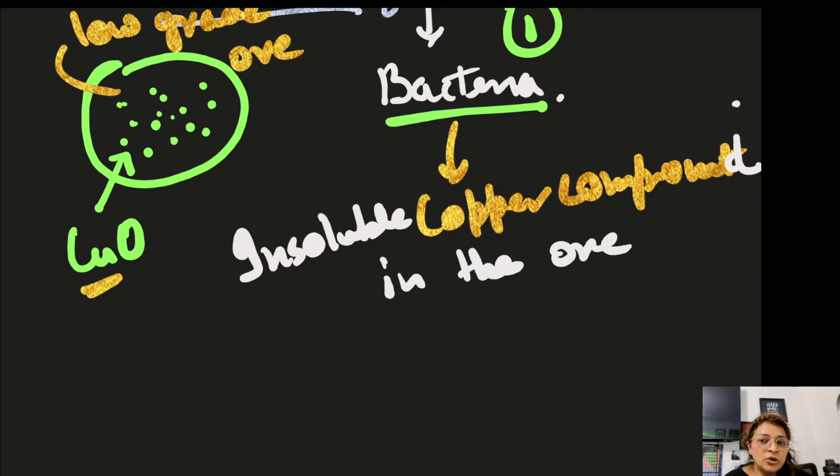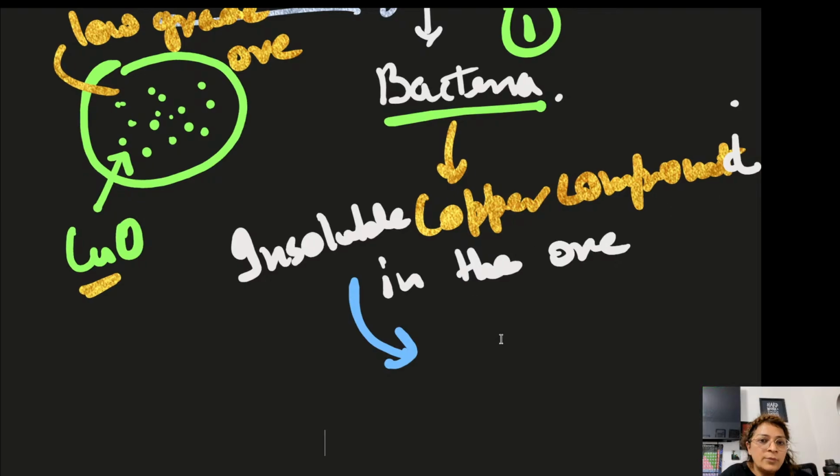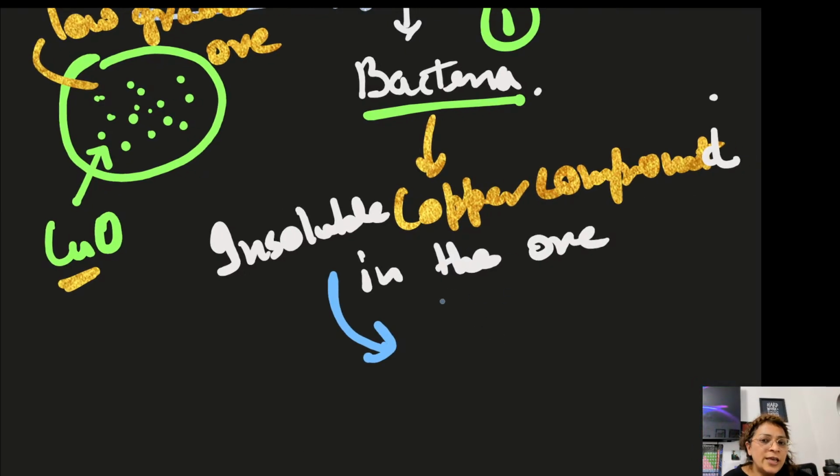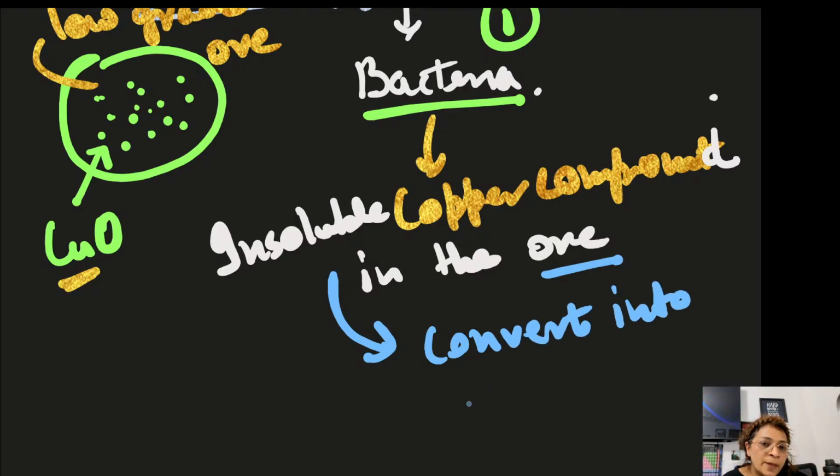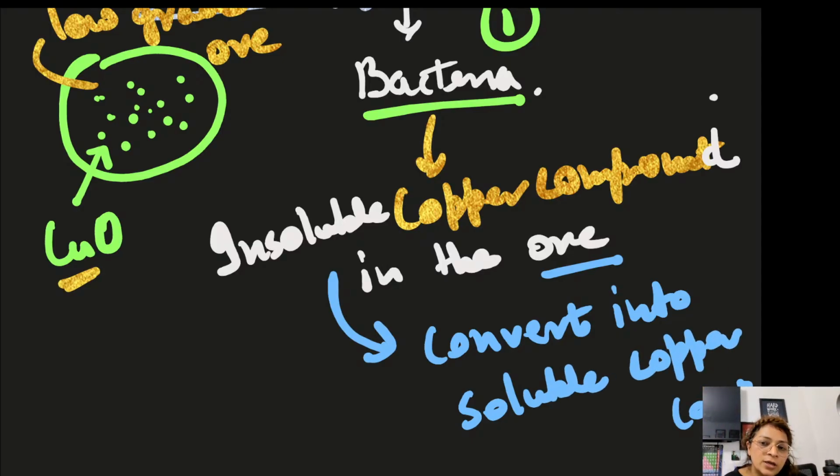The main function of the bacteria is that the insoluble copper compound in the ore is converted into soluble copper compounds.